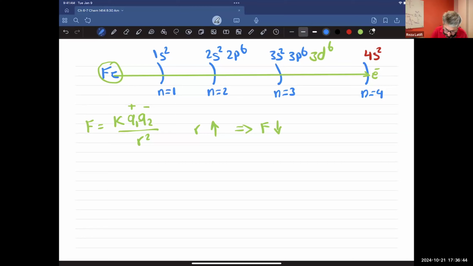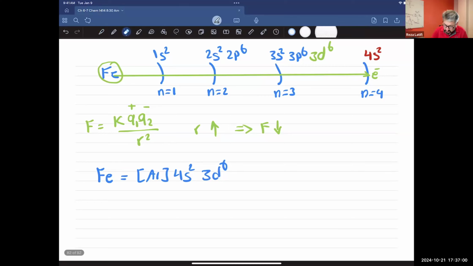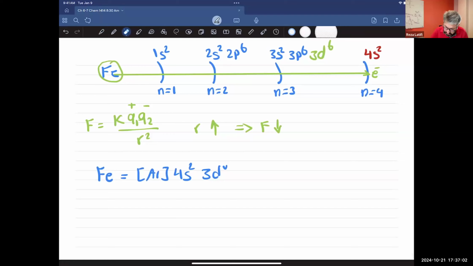So if I want to take an electron from a transition metal, for example, I want to make this one +1, which is equal to argon 4s2, then we say 3d6. Let's write this one as neutral first. Okay, that's iron, so I go 6 here. And then when you say iron +1, you're going to take an electron from the 4s orbital.